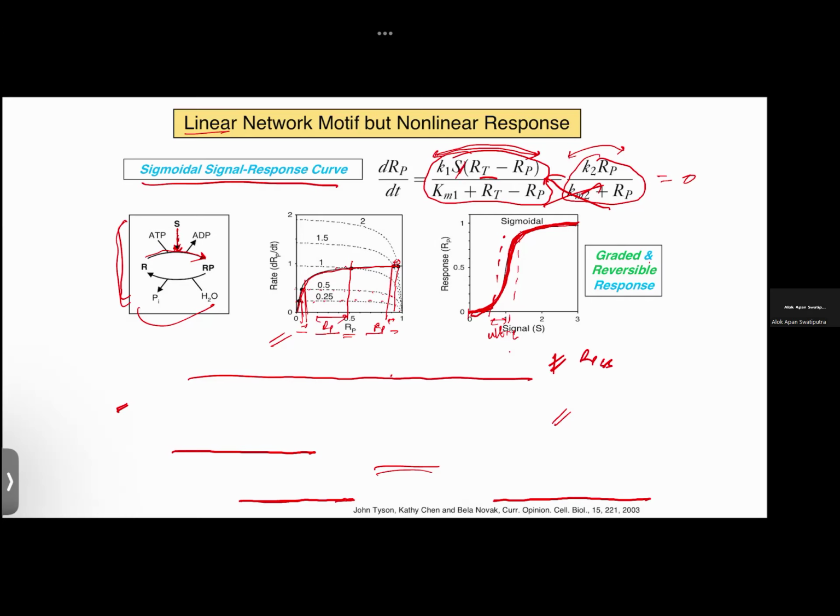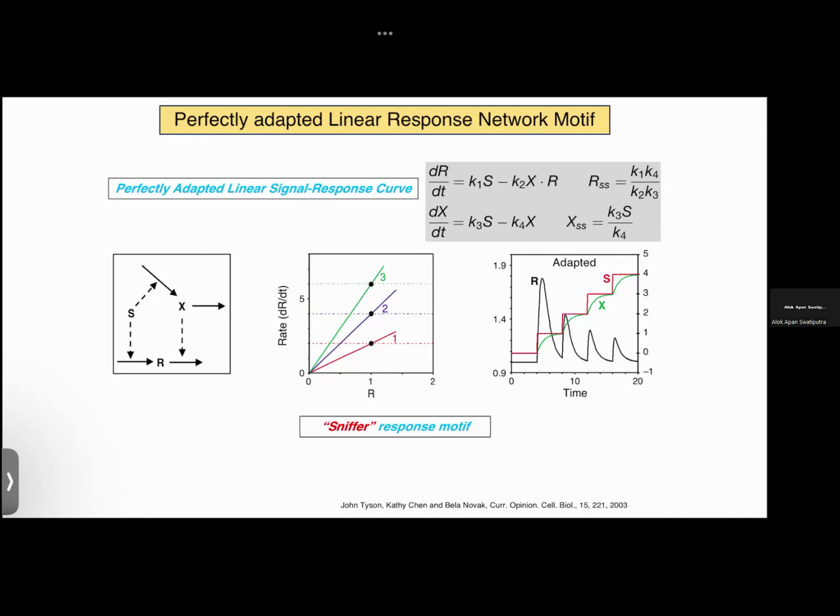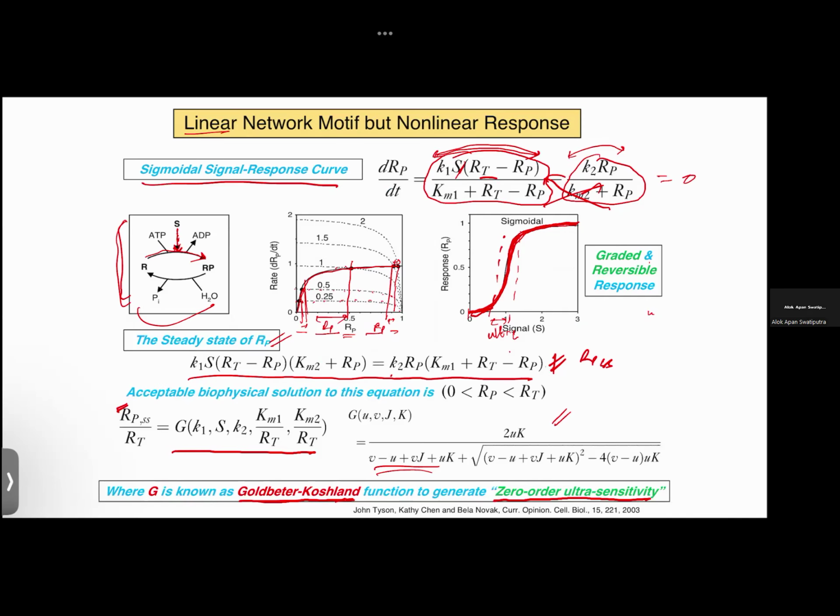So it has become sigmoid. Earlier it was hyperbolic. With the same linear input, I managed to generate hyperbolic, and I managed to generate a sigmoidal one. Okay. So you see that even if I keep the same motif, depending on how I model my equation, I can generate different outputs. Right?